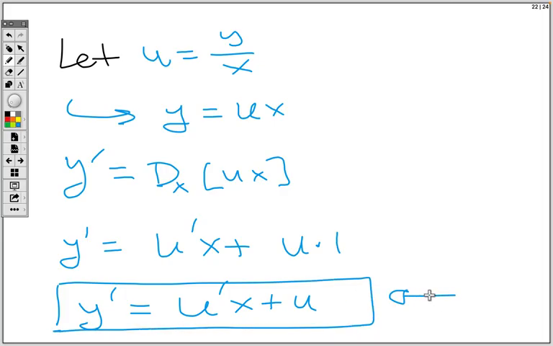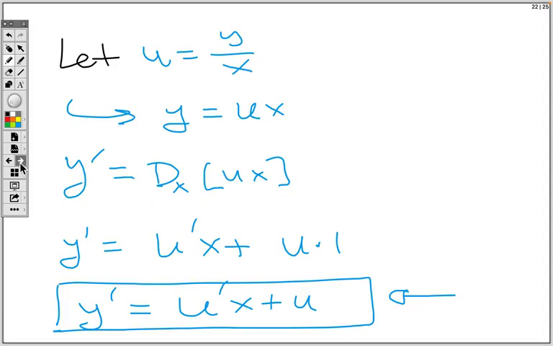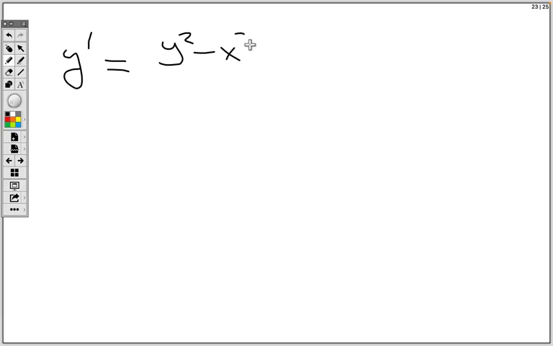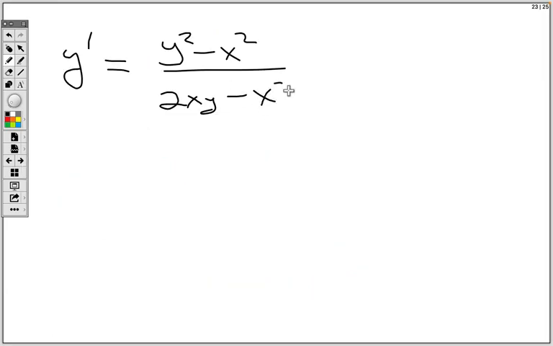All right. So going back to the diffie-q, we've got y prime equals y squared minus x squared over 2xy minus x squared. Because of the squares, it's not going to be linear.